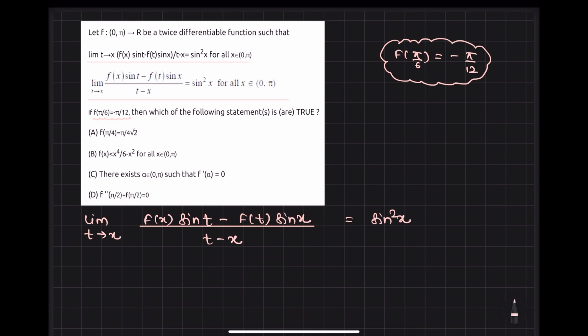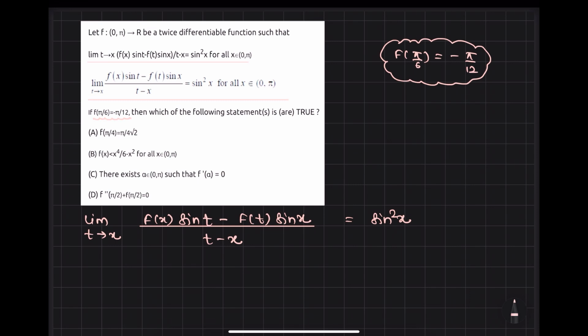So if you observe, you can replace t with x. So in the numerator, f of x sin t will become f of x sin x, f of x sin x. So these things will become 0 and then x minus x will become 0. Correct? So it is 0 by 0 form. So we can do rationalization, factorization or L'Hospital rule.